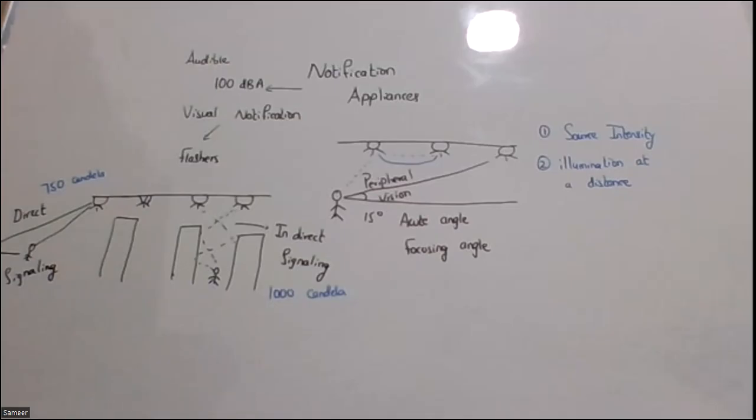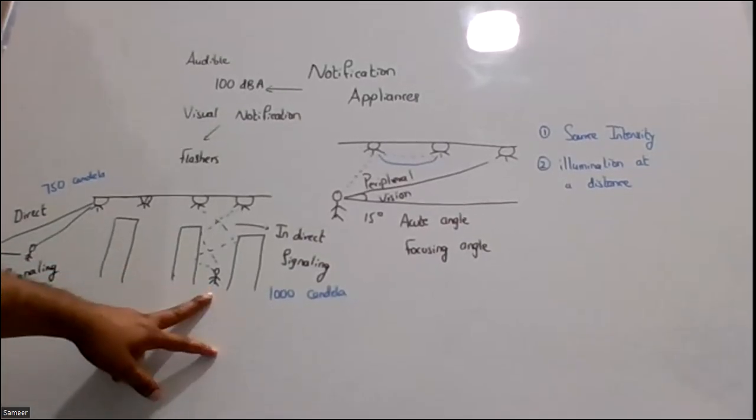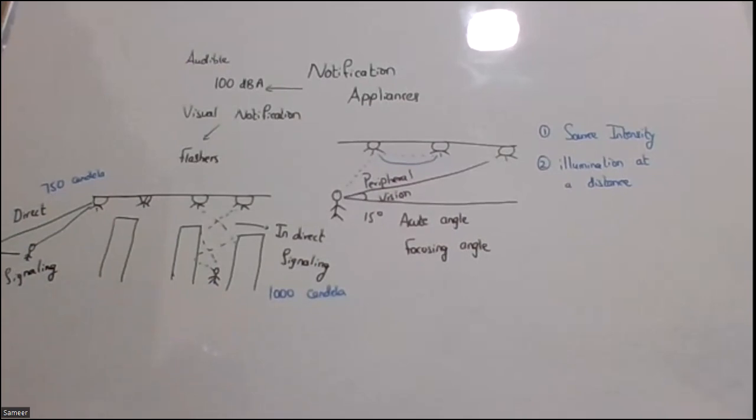Whatever type of device I'm going to use, the first important thing is that I need to know the candela effective. What is the candela effective? I need to make sure that the acute angle is providing enough visual notification for the people to realize that it's a threat, and in indirect signaling also, enough illumination should be there to identify whether the person is capable of understanding the threat or not.